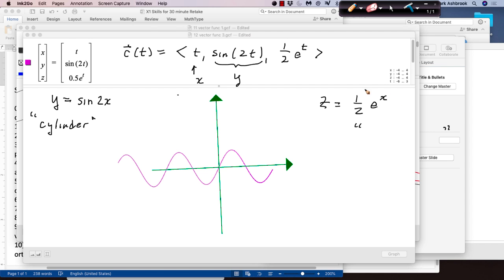Okay, so this is exponential, and then what happens when you have just two variables? It's a cylinder, right? This is an exponential cylinder that runs. It's going to run parallel to the y-axis, right?